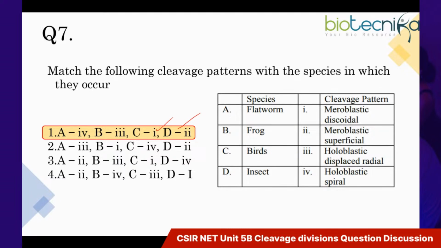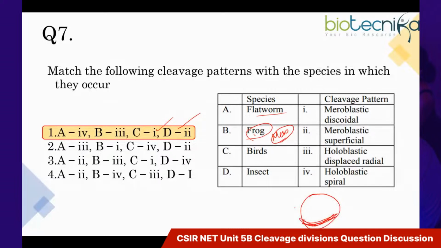And frog, we know what kind of egg it has: a moderate amount of yolk, mesolecithal. Mesolecithal eggs undergo holoblastic cleavage only, and even flatworm will be holoblastic. Because frog has a moderate amount of yolk, a little bit of yolk is there at the bottom.